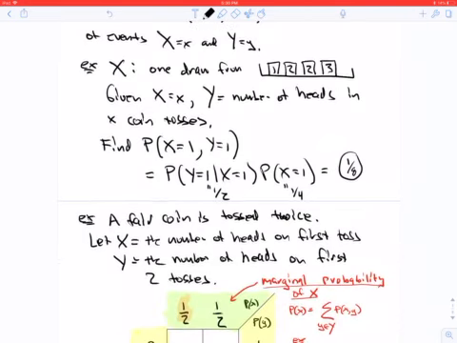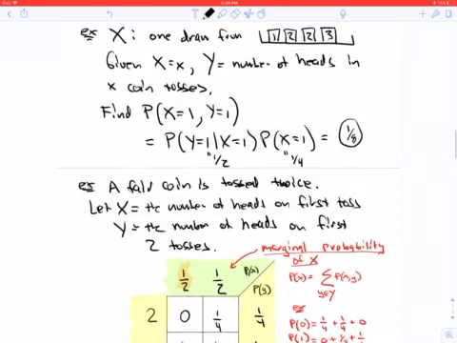So X, for example, is that you're making one draw from this box here containing 4 tickets, and given that X is little x, Y is the number of heads in x coin tosses.